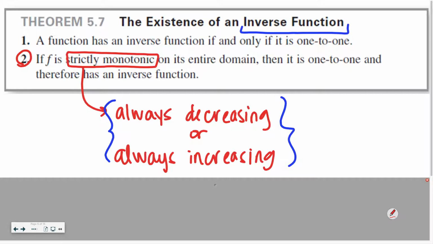Well, our derivative tells us where we are decreasing and where we are increasing, right? If our derivative is negative, we know that our function is decreasing. If our derivative is positive, we know that our function is increasing, right?